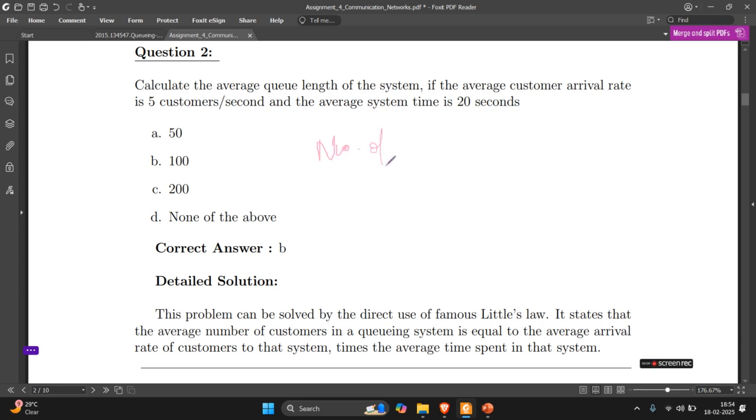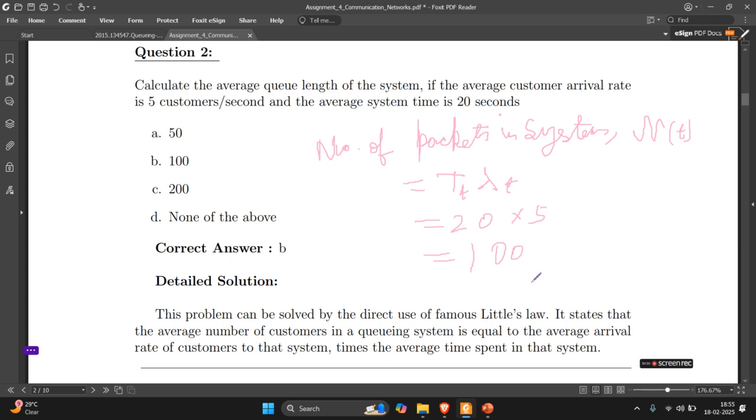Number of packets in the system is equal to the system time into lambda, so 20 into 5, which is 100. So number of packets will be 100.